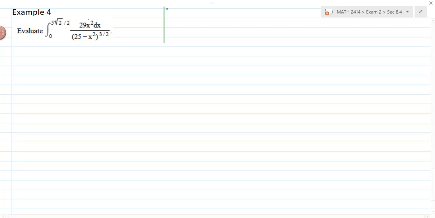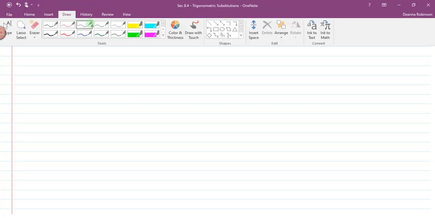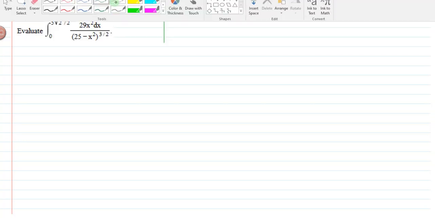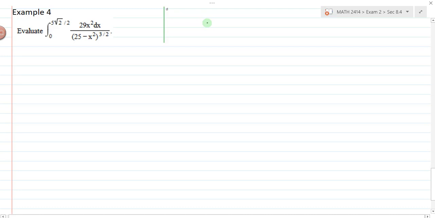Would you recognize that this problem was actually a trig substitution problem? Maybe, maybe not, right? Let me remind you of a property of exponents. If you have a raised to the m over n, that's equal to the nth root of a raised to the m, is it not?